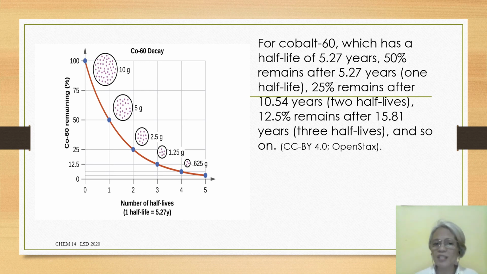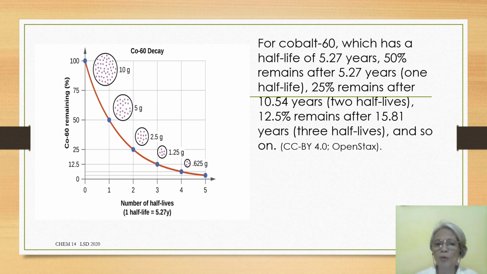At the end of the second half-life, another 5.27 years, the 5 grams will be halved, so it will now be 2.5 grams. At the end of the fourth half-life, the cobalt-60 will be reduced to 0.625 grams. So from 10 grams, it will be reduced to 0.625 grams.